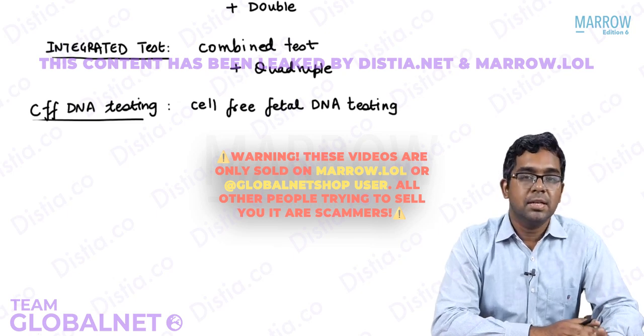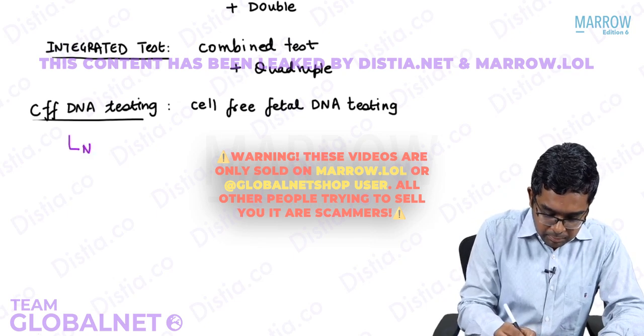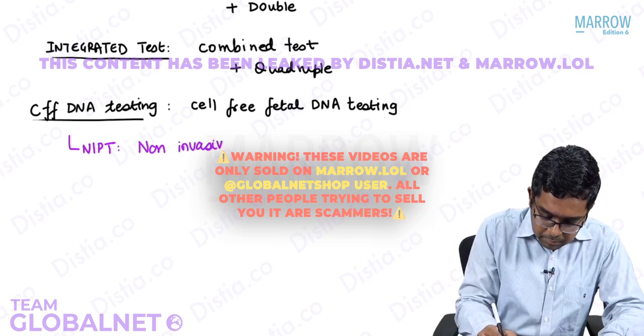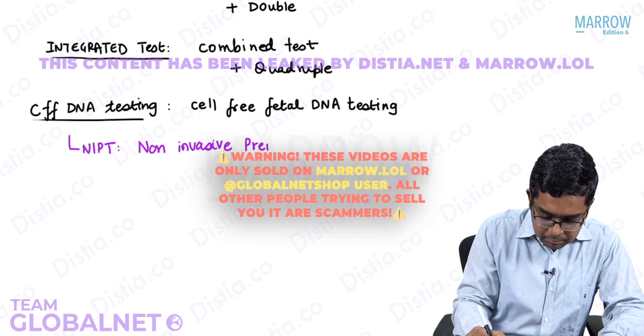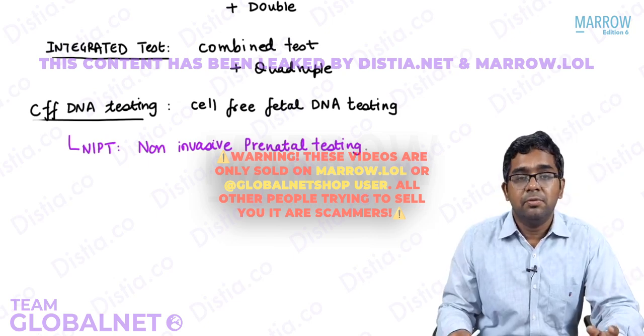This is what is called cell-free fetal DNA testing. It is also called NIPT, which is non-invasive prenatal testing. These are all the important screening tests which are available for detecting Down syndrome in pregnancy.